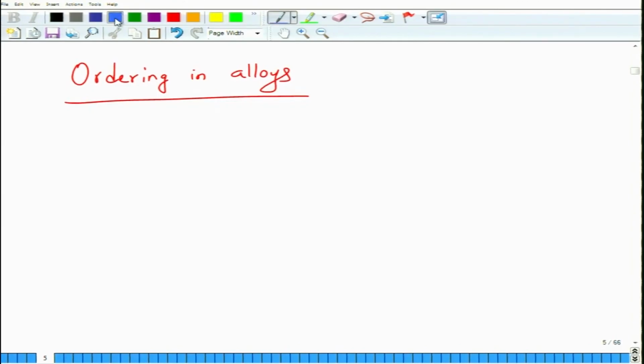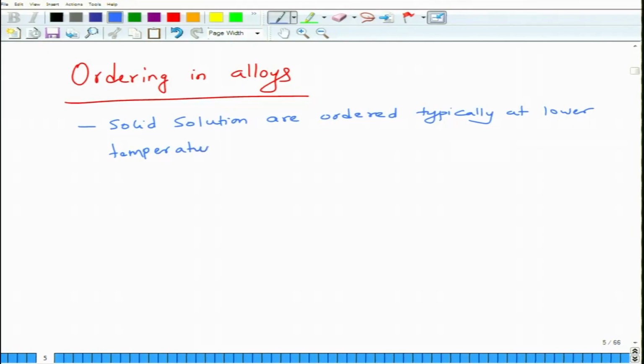This ordering in alloys happens in solid solutions, typically at lower temperatures, due to free energy changes.